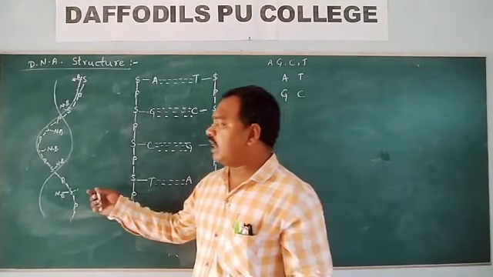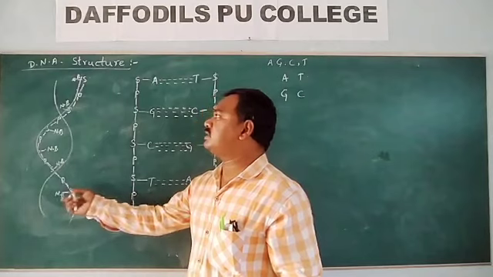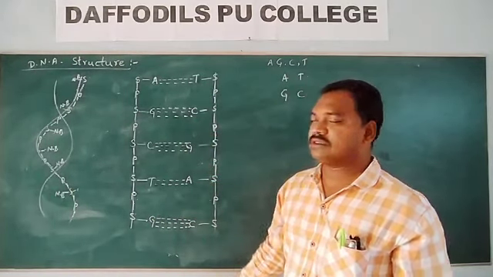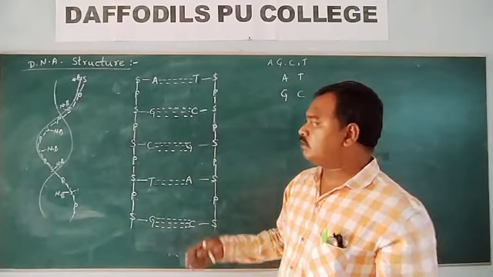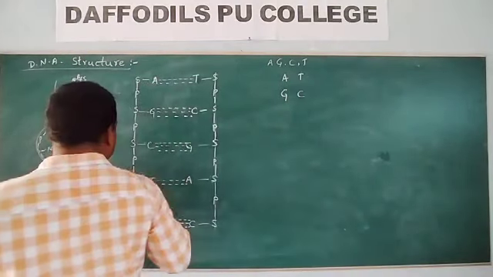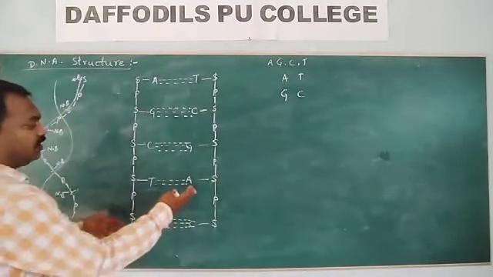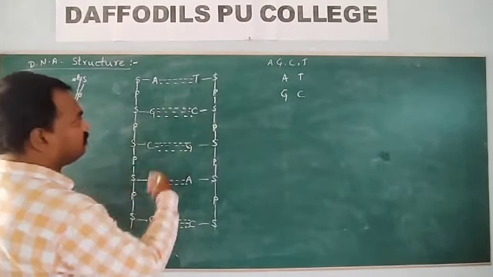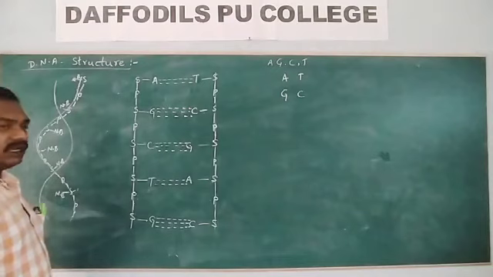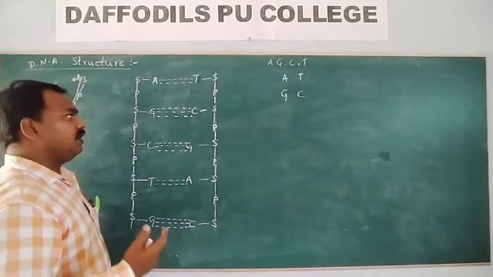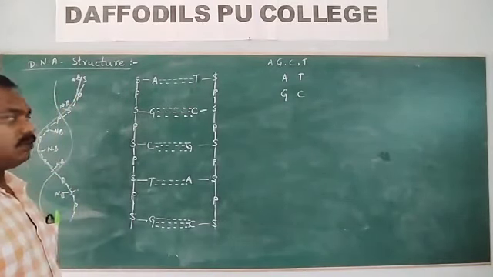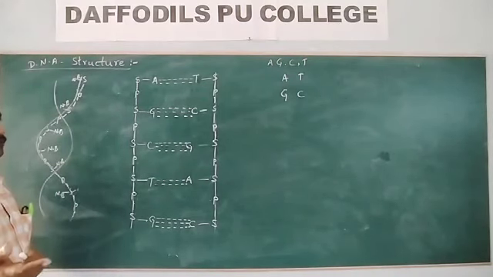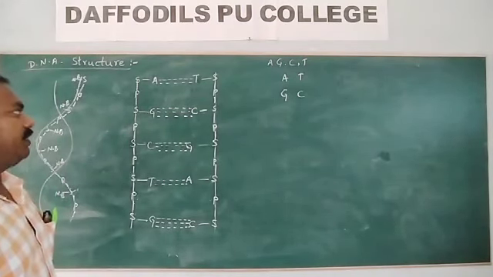When you untwist these helical structures, you will see the structure like this. These two strands of DNA are connected by nitrogen bases through hydrogen bonds. So what are the complementary pairs? Adenine and thymine are a complementary pair. Guanine and cytosine are the other complementary pair.